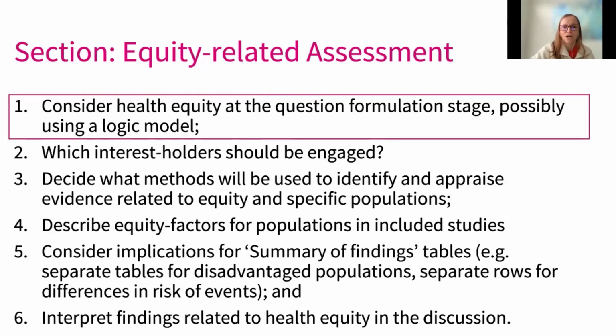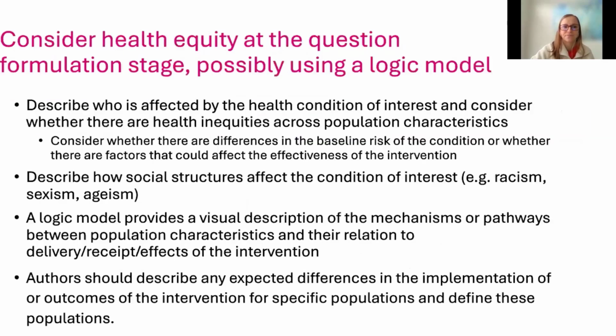So first, we'll talk about the question stage. When you're thinking about your review question, you can describe who's affected, so who might experience the problem or the condition differently, and think about whether there's differences in baseline risk, whether different groups of your population might experience the intervention differently or may have different access to the intervention.